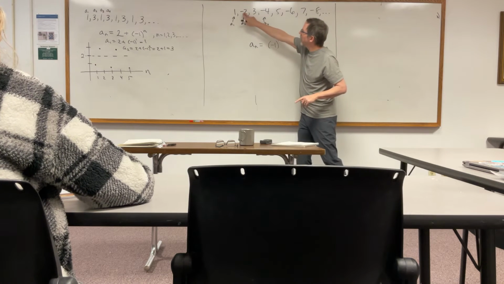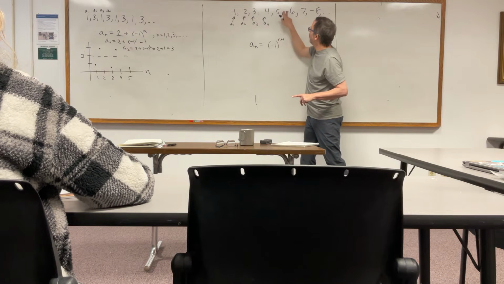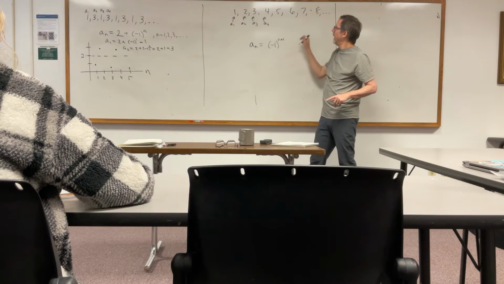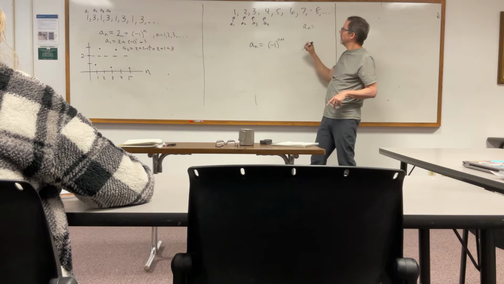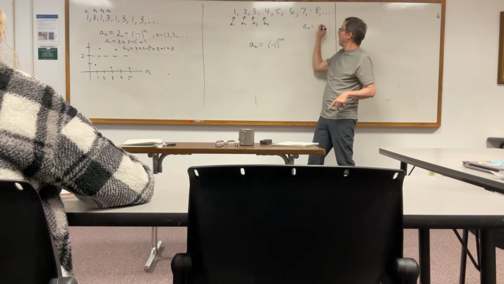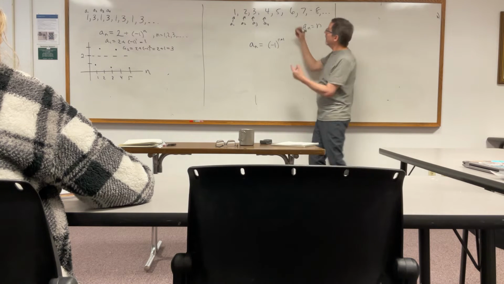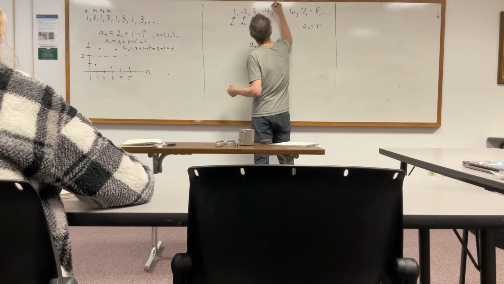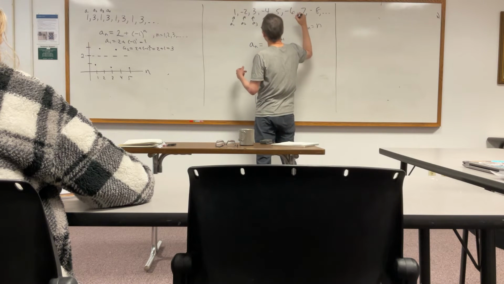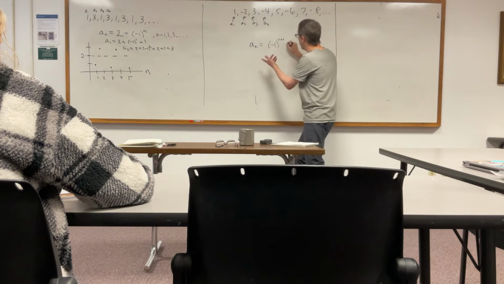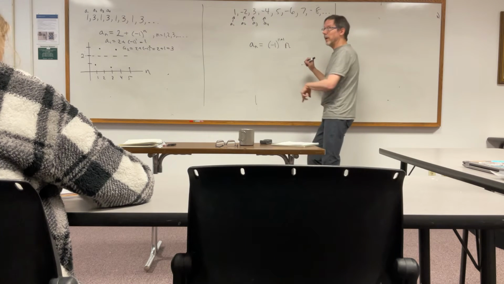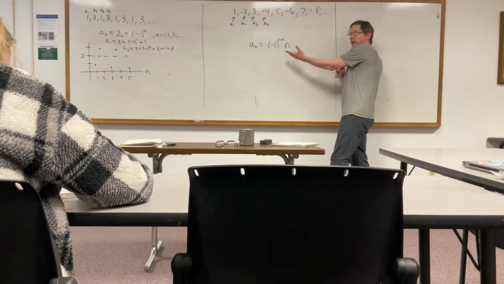Okay, then what's happening? So if I didn't have plus and minuses here, what would be the formula? A sub n would be what? So if I didn't have the alternation, that would be the formula. And I'd put these two things together. Yeah, so now just multiply by n, and we're good to go. So it's a combo.